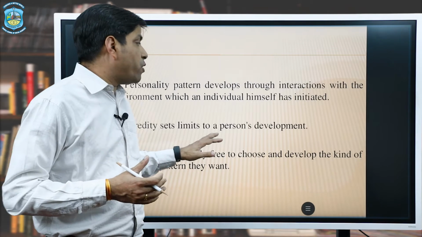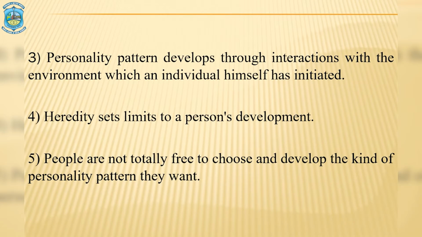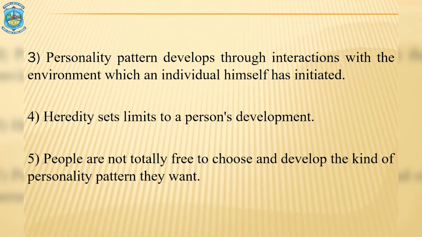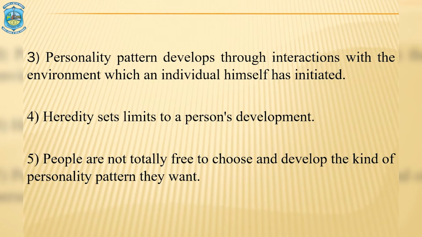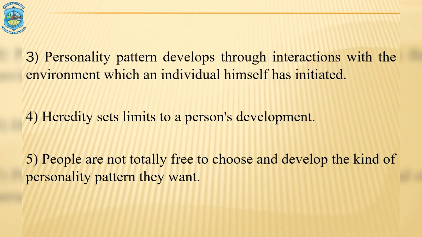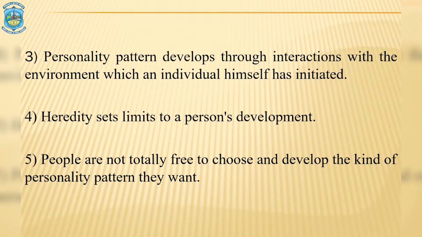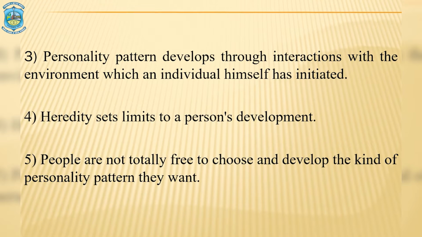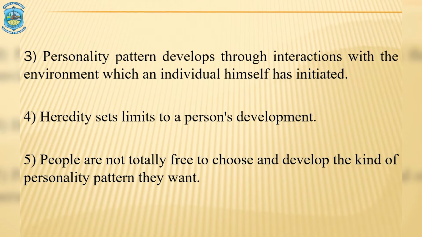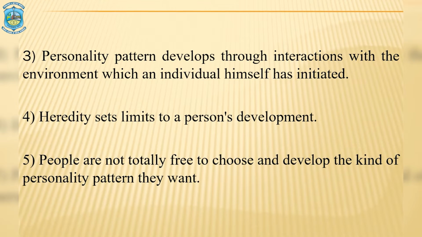Heredity sets limits to a person's development. Whatever environment you provide to an individual, if he or she does not have the trait to perform, he won't perform in his life, even if you provide the best environment in the world, because it is restricted by the heredity component.